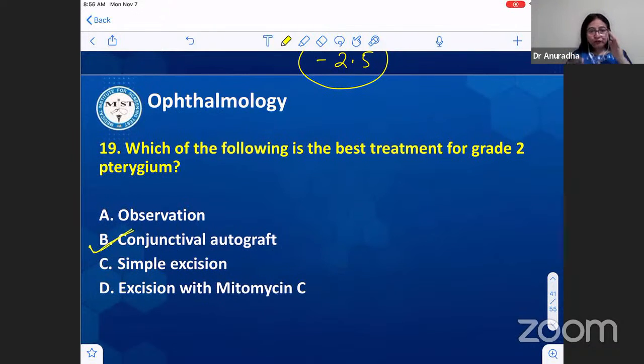If you have to choose between mitomycin and conjunctival autograft, go for choice B. Am I clear here, beta? Simple excision is not the answer because that can lead to high recurrence. Observation is usually not preferred because it's crossing the limbus and it is now causing astigmatism, cosmetically not good.